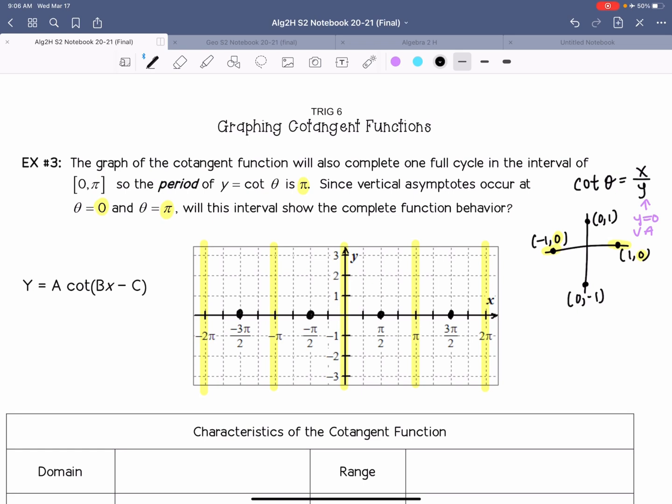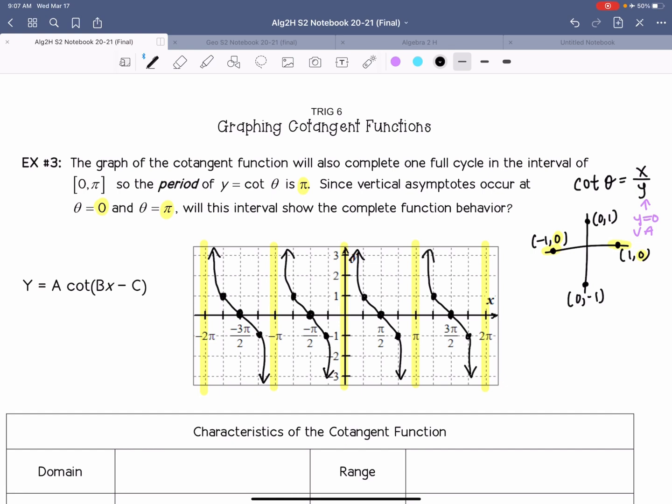Okay, now you're going to go left one, up one. And then you're going to go right one, down one. Approach and approach, snake it through. And this is your cotangent graph.